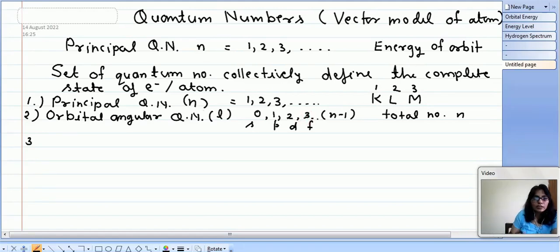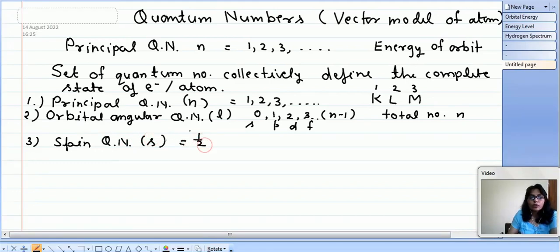Then third is the spin quantum number. This is denoted by the letter small s, and this can have only the value half for the electron, because the electron is a fermion, therefore it has the value of spin which is equal to half. This is constant.